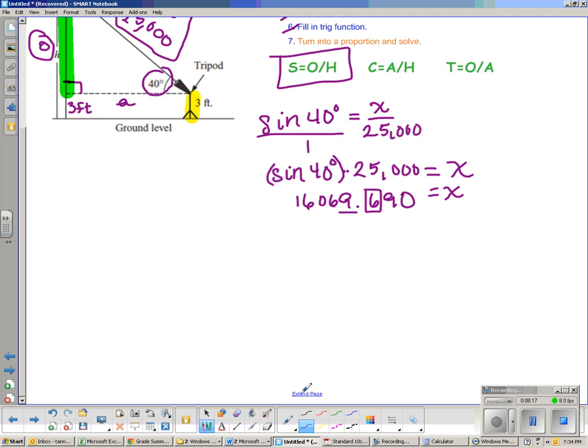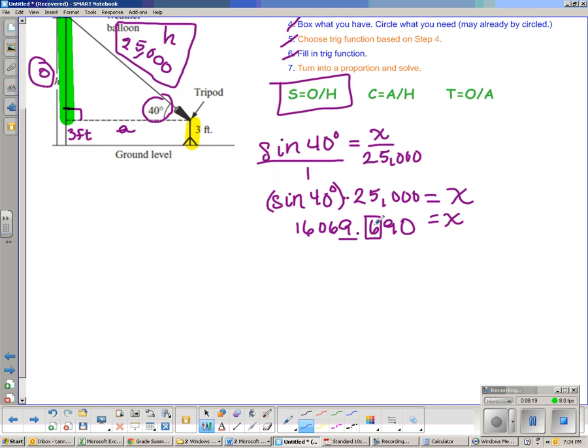Because this is greater than 4, 9 is going to get rounded up, but 9 rounds up to 10. So that means that 69 is going to be rolled forward, because the 0 from the 10 stays, and the 1 is going to be added to the 6, so it's going to end up being a 7. So 16,070, equal to x.